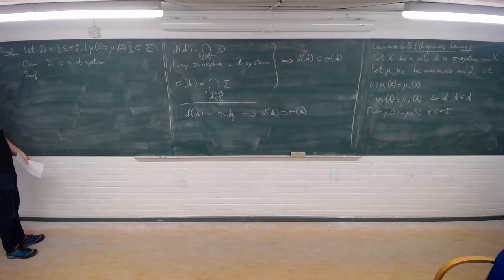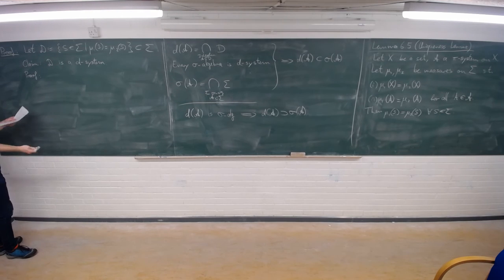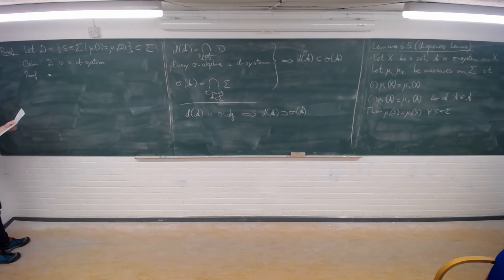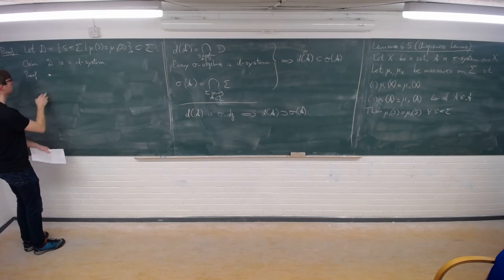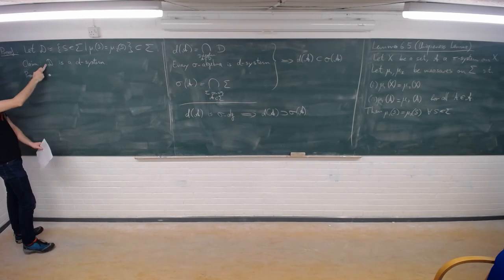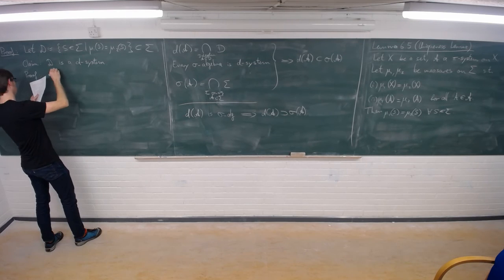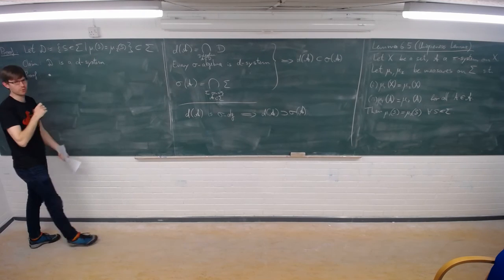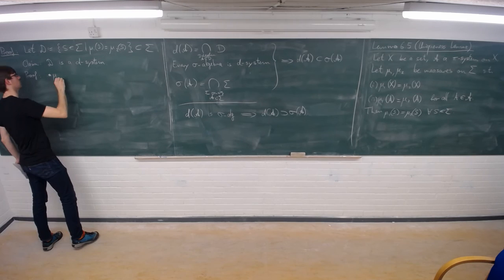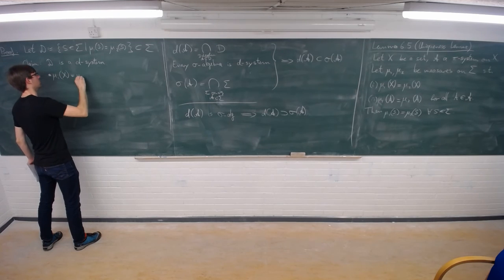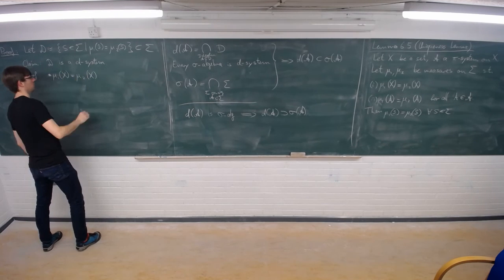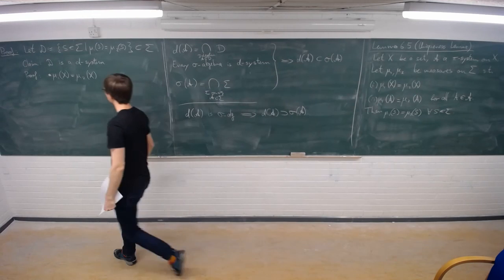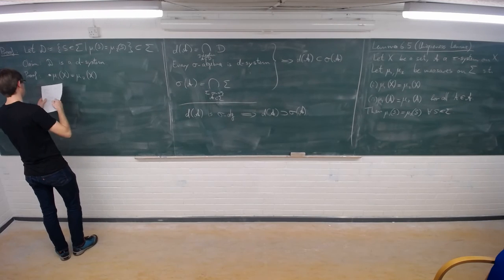And to prove the claim, again, we have to check the three properties of D systems. The first one being that X has to be an element of D. X being an element of D means that mu1 of X is equal to mu2 of X, right? But that's true by assumption. So X in D, that's clear.